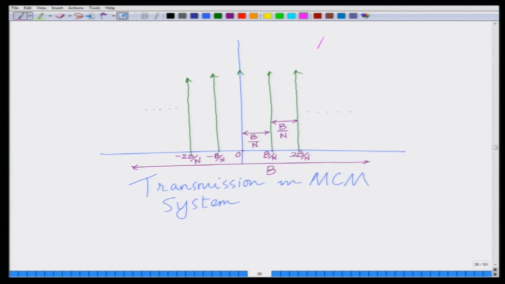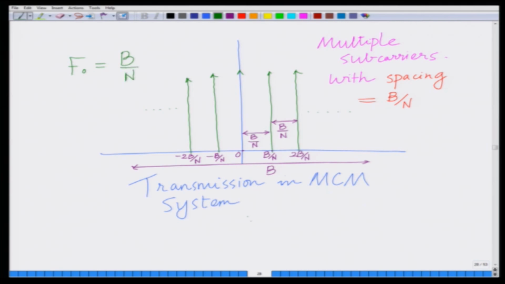So, we have multiple sub carriers with the spacing between the subcarriers equal to B by N. If I call F naught the fundamental frequency, let us denote F naught equals B by N. Therefore, I have subcarriers at 0, at F naught, 2 F naught, and so on, as well as minus F naught, minus 2 F naught, and so on.